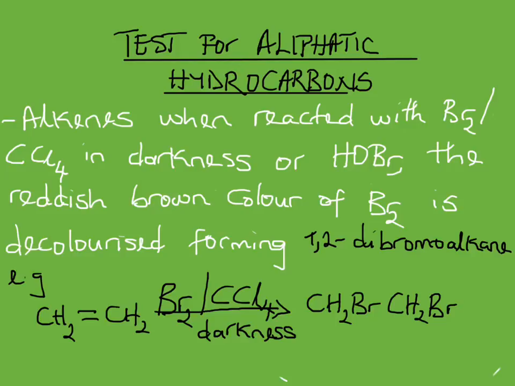We have our alkene, ethene, reacting with bromine in the presence of tetrachloromethane and darkness. We're going to have 1,2-dibromoethane, and the reddish brown color of bromine is decolorized, indicating the presence of a multiple bond, and in this case indicating the presence of ethene.